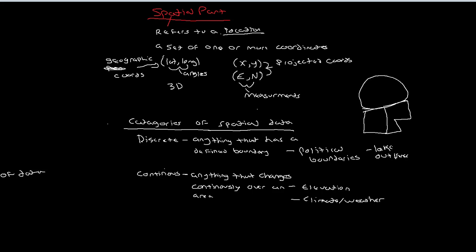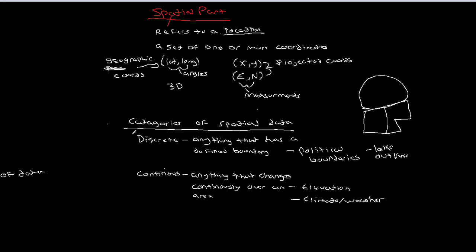And in this GIS lecture video, I want to continue our discussion talking about the spatial part of spatial data by diving into this idea of the discrete category of spatial data, which again is just anything that we have a clear definitive boundary for.